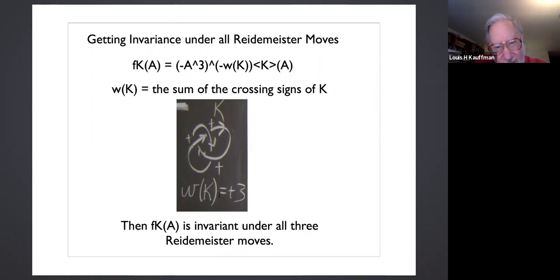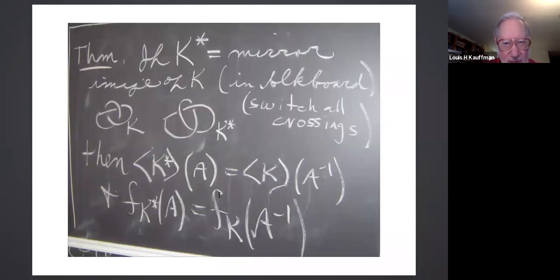And by the time we get to F_K, we have the Jones polynomial with a different variable. And I'll tell some stories about the Jones polynomial eventually. We'll stay here with the bracket and its normalization. So the blackboard calculations will look like this, right? We have the knot, we have its mirror image.